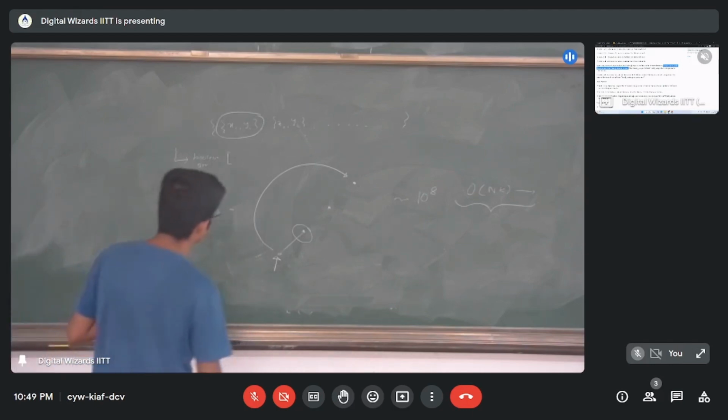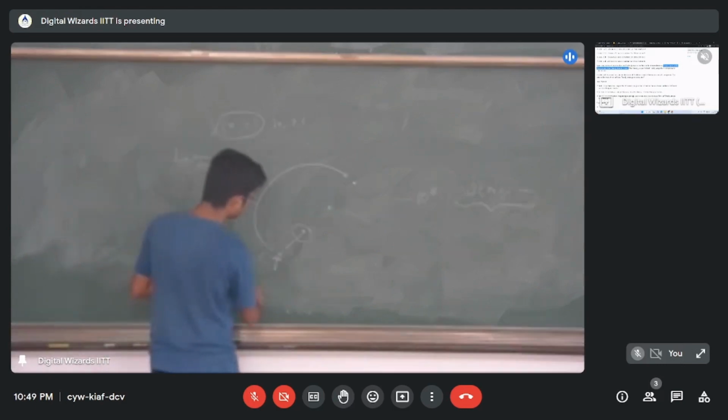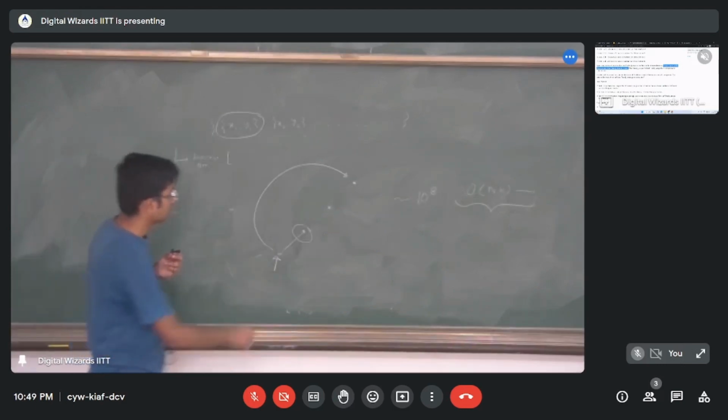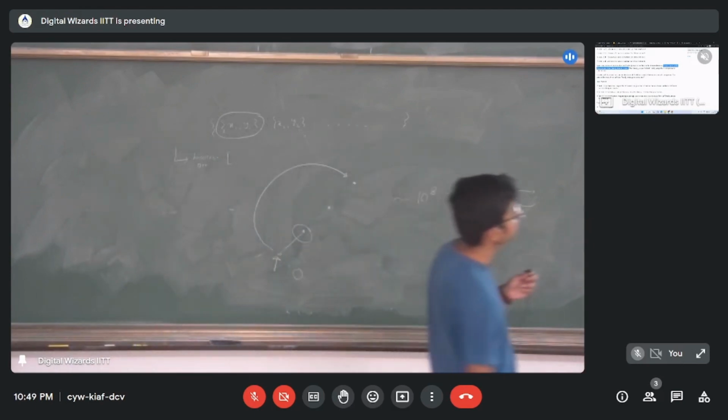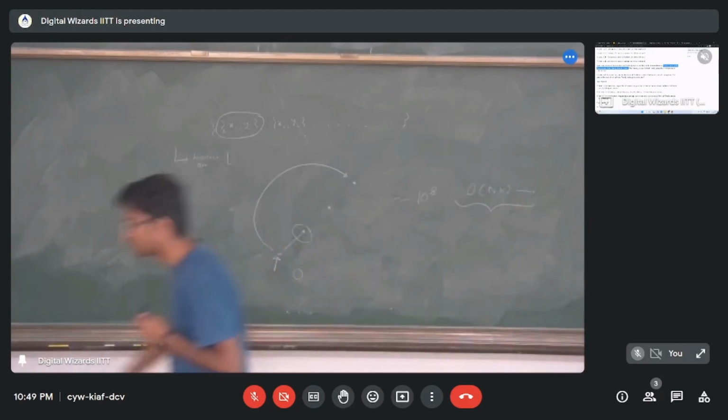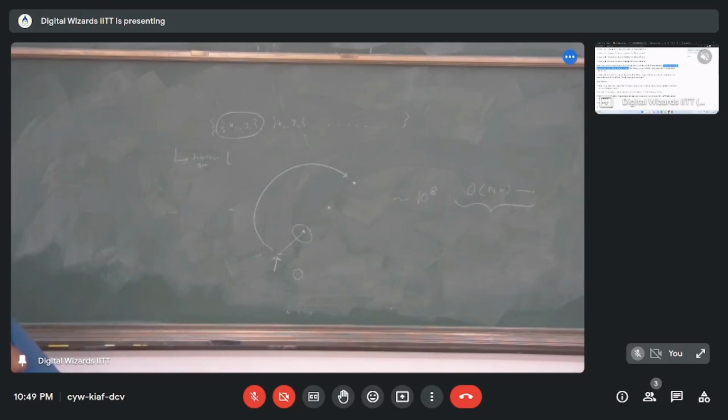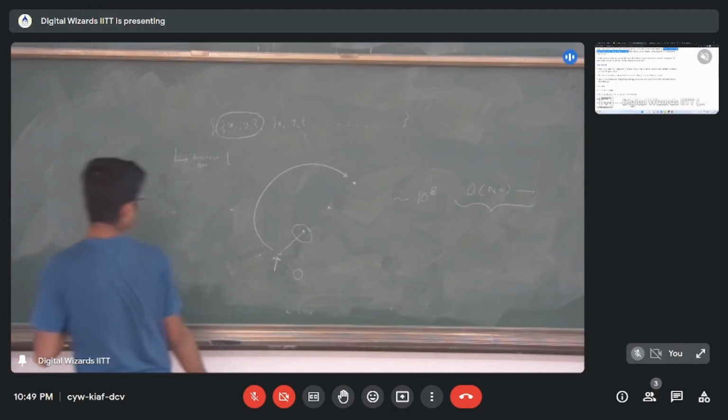Since you need to traverse the array every time, for each point, say the string is of length k, or the string is of length s, perhaps. Let's see, n and m. I think they made some mistake here. So the string is of length k.